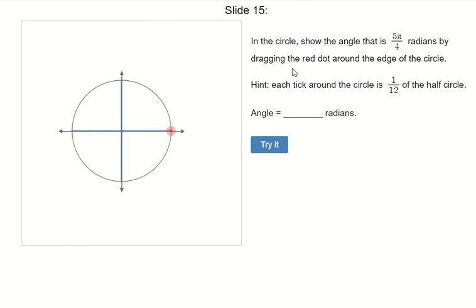Let's see, 5 pi over 4. 4 pi over 4 would be halfway, right? So we're just going 1 more pi over 4 past that. So there's that one. And then 5 pi over 2. So this would be 2 pi over 2, and then this would be 4 pi over 2.